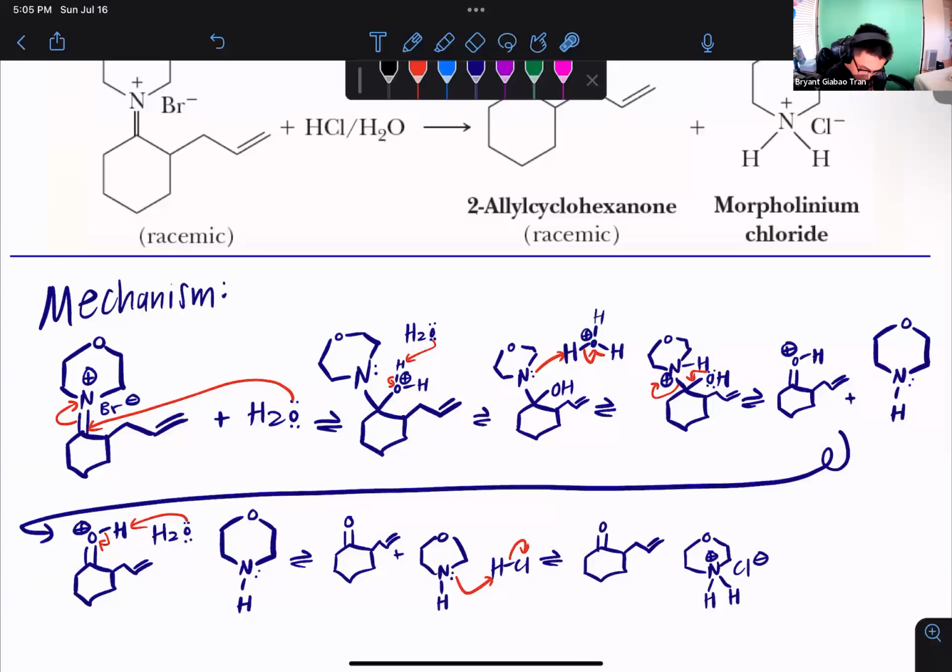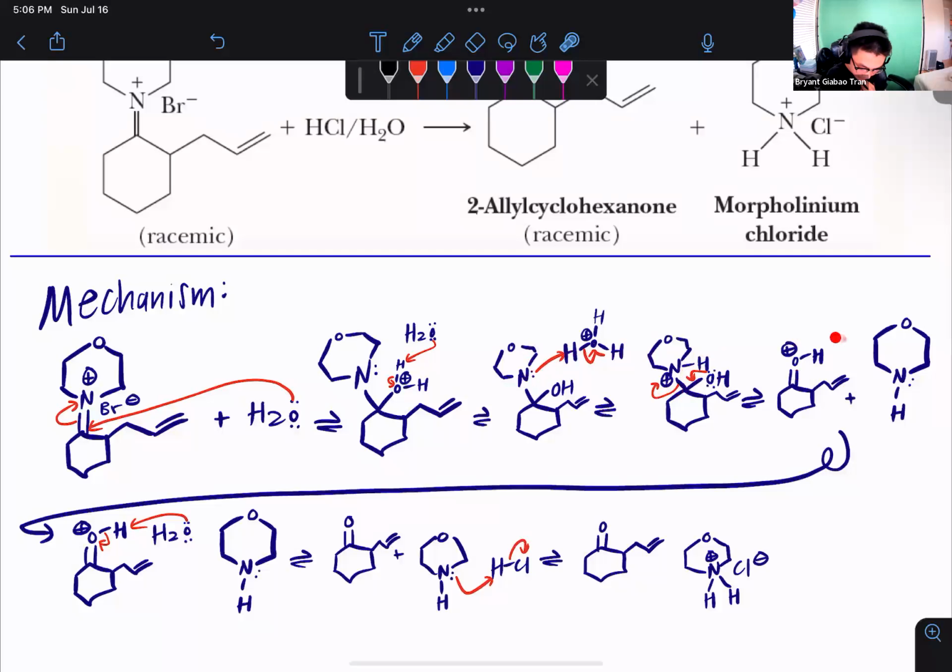Like, when H3O plus, the nitrogen gets protonated. Yeah. Okay. And then after it gets protonated, it becomes a good leaving group, where we kick it out by reforming the carbonyl bond here. And then it gets kicked out over here.